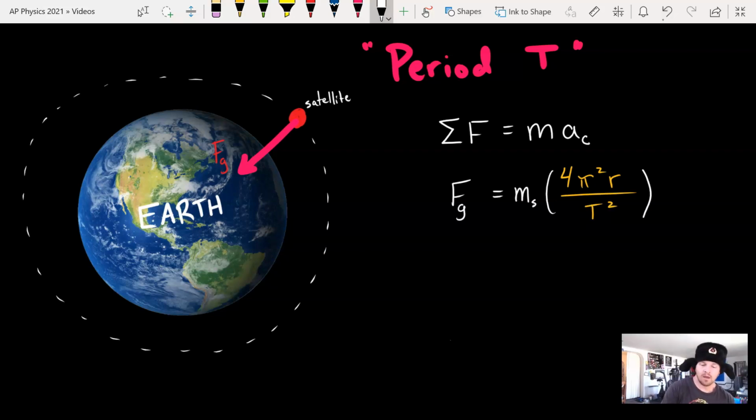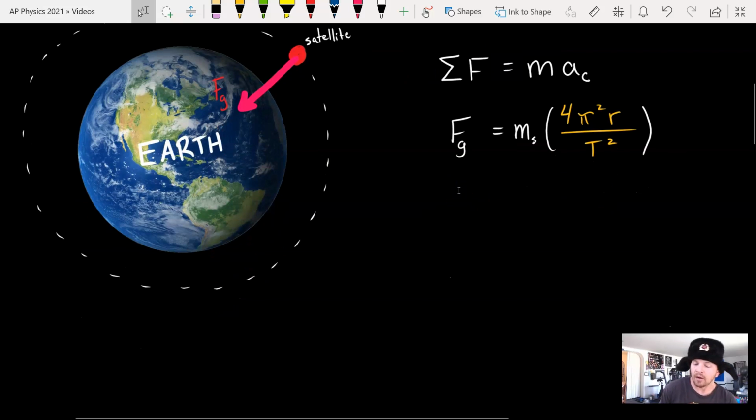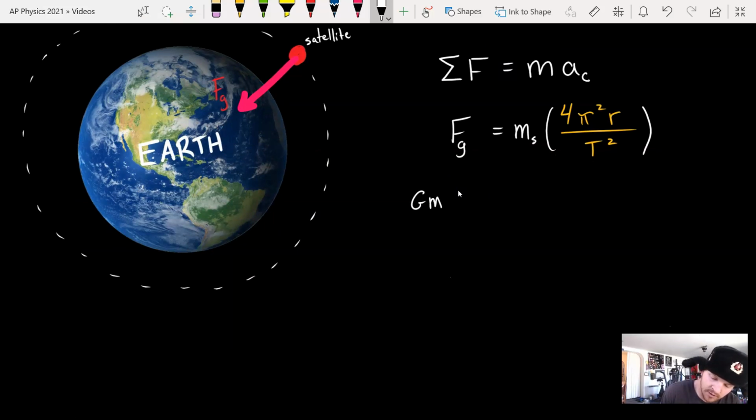From there, now our process is really similar. Force of gravity is my only force, so that's responsible for the entire net force. I would plug in Newton's law of gravitation: the two masses divided by their distance squared, and now I have mass of the satellite times 4 pi squared times their distance divided by period squared.